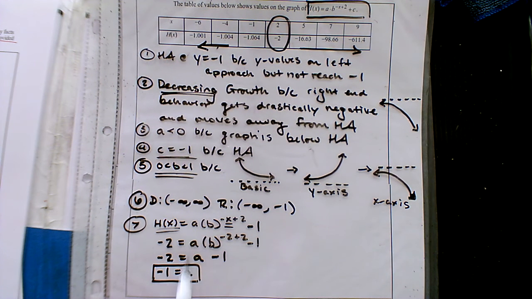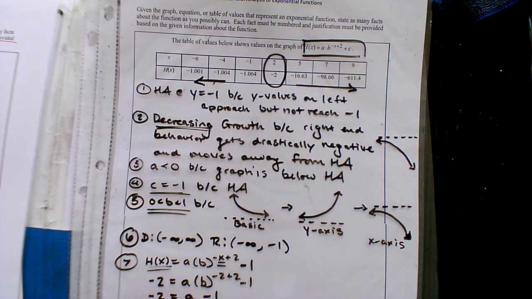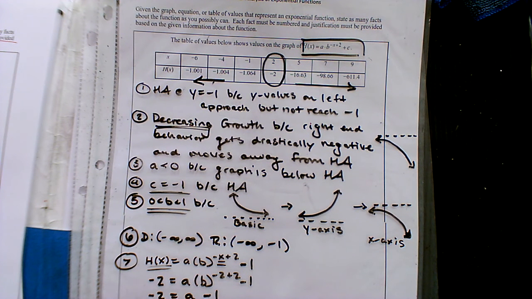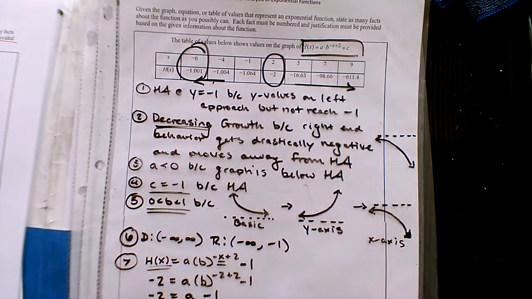Can we perhaps do something similar to what we did for A? Can we plug in another point? All right. What other point do you want to use? I know the other ones are pretty complicated, but we should probably be able to at least use one of them. Can you pick a nice one? This one? Okay, let's try it.